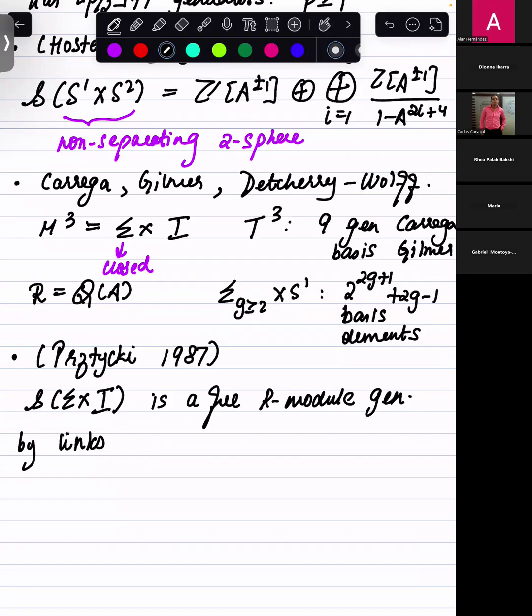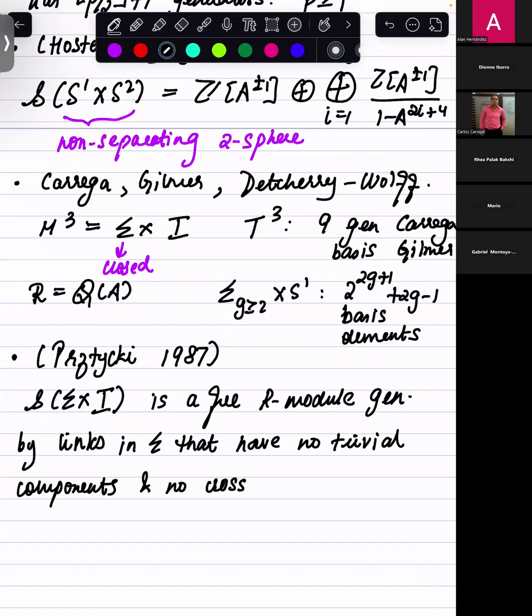So links in our surface sigma that have no trivial components and no crossings. And this also includes the empty link.